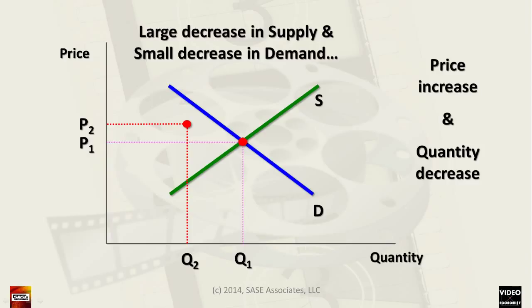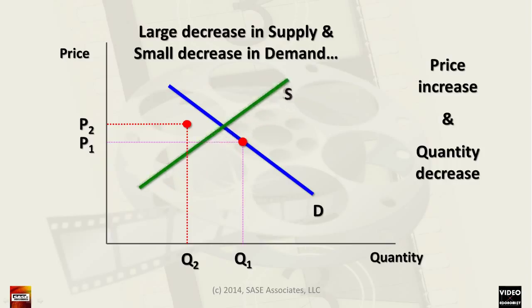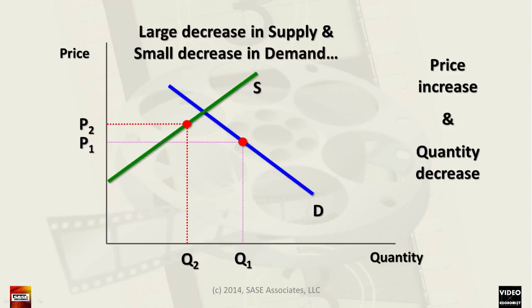Continuing our illustrative example, some producers leave the market while the cost of raw material increases. This causes a large decrease in supply, upward and to the left. We expect a larger increase in equilibrium price accompanied by a large decrease in quantity.